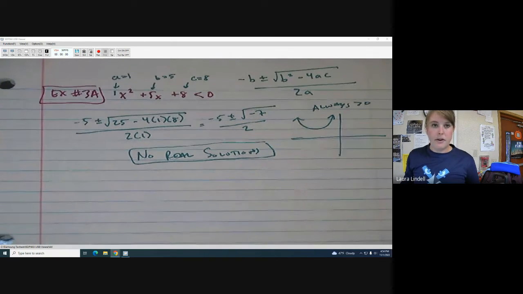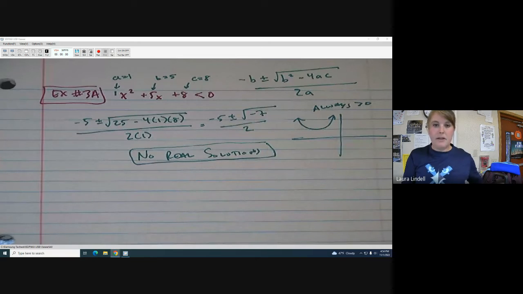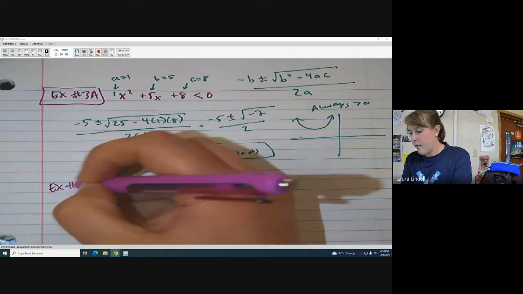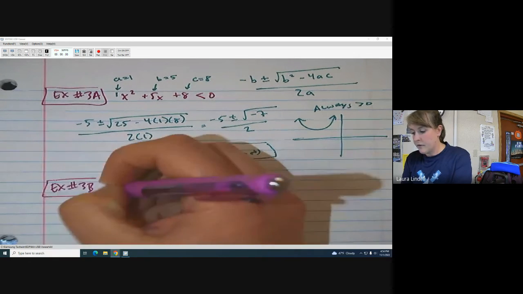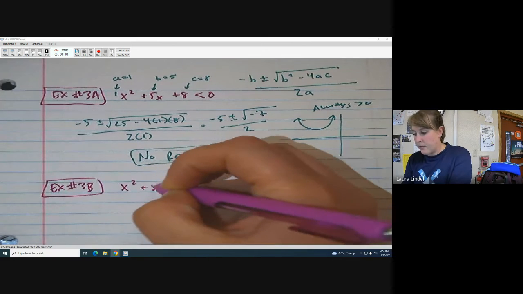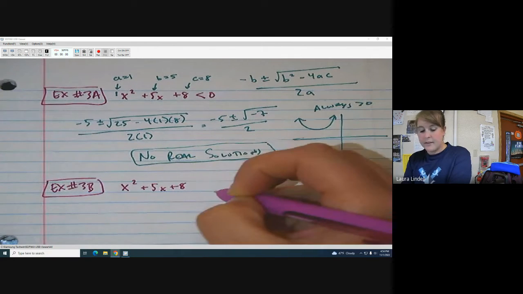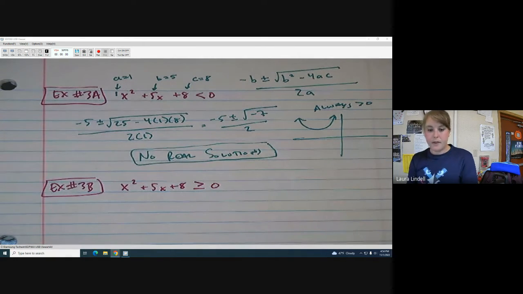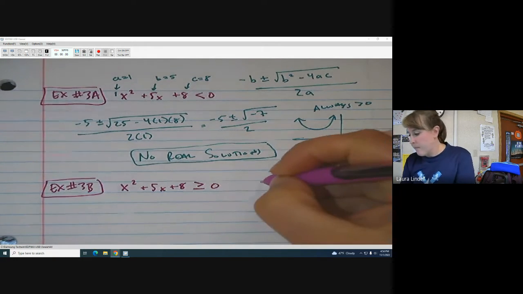So I'm going to show you another case. So this is going to be example 3b. And you'll see how these are related because we're going to use the same exact problem. X squared plus 5x plus 8. Except this time we're going to say it's greater than or equal to 0. So it's the same problem.